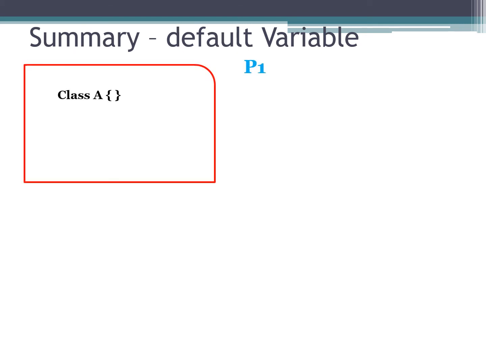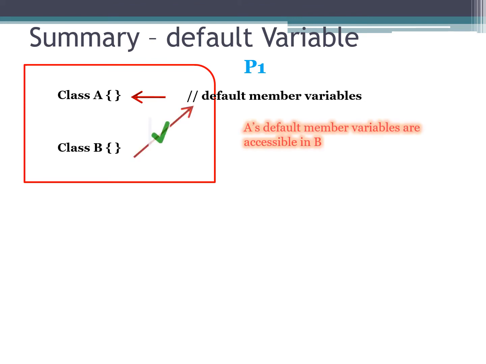In package P1, there is a class A with its own set of default variables. If there is a class B in the same package as class A's declaration, B is able to access the default member variables of class A, as both of these classes belong to the same package.